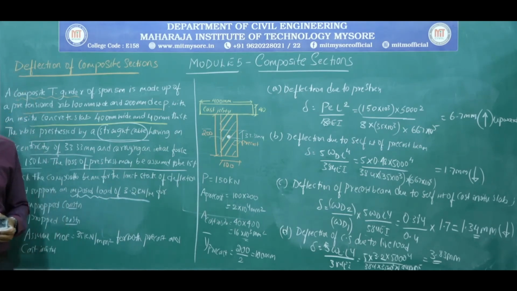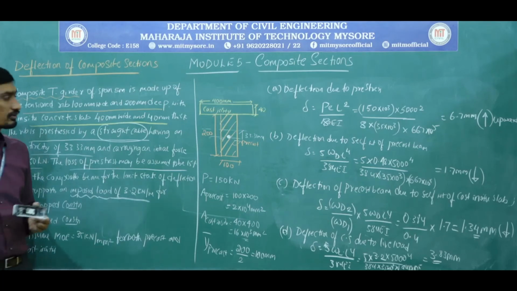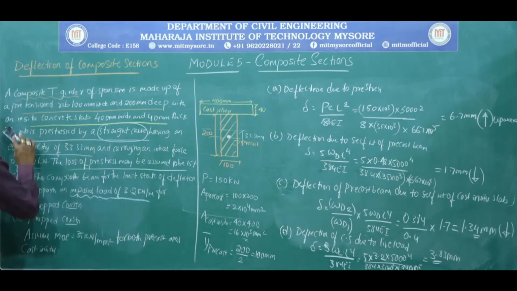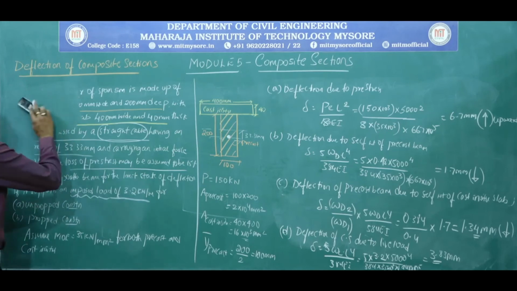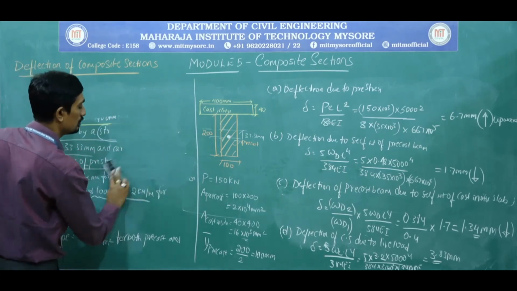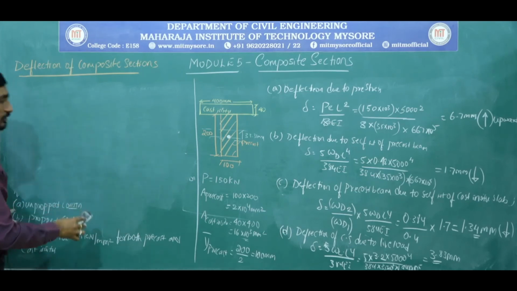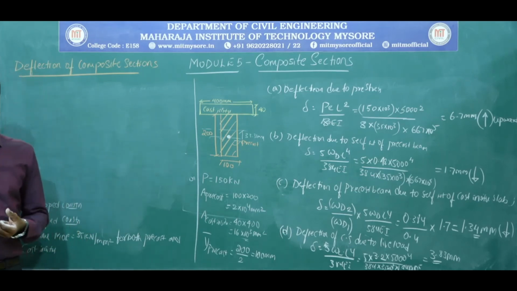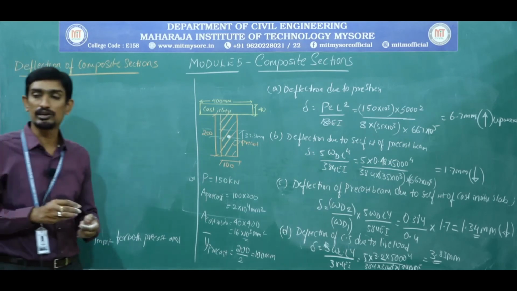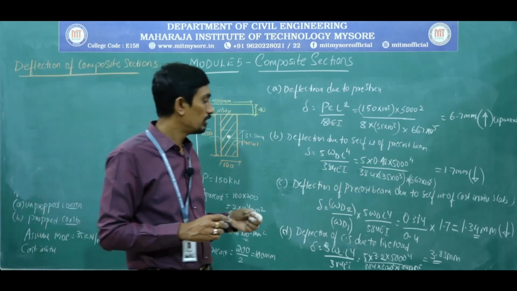If I want to calculate the same thing for the propped case, what will be the change? I will just rub this problem. So whatever I did so far is for the unpropped case.